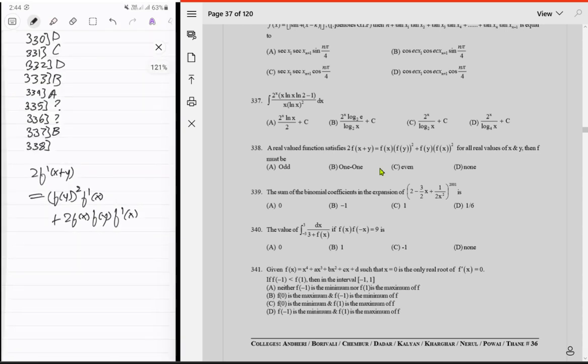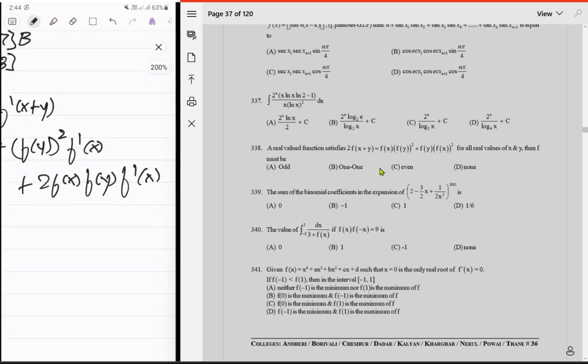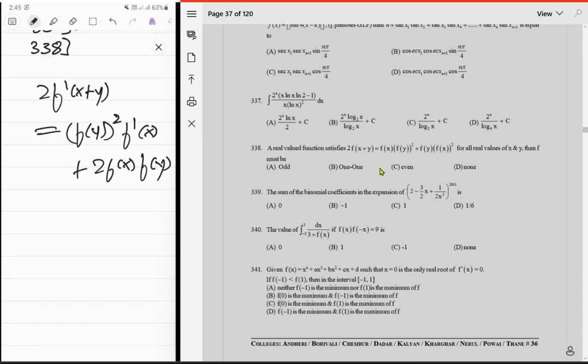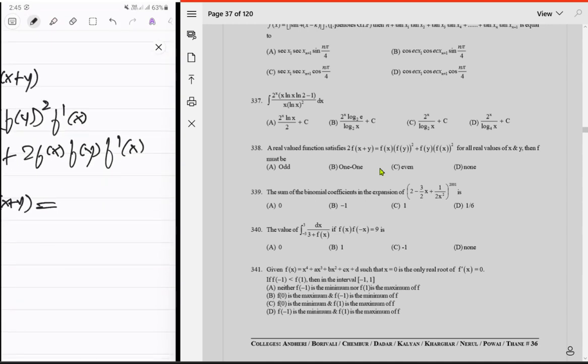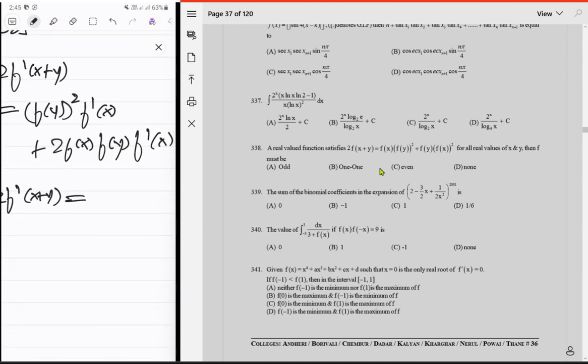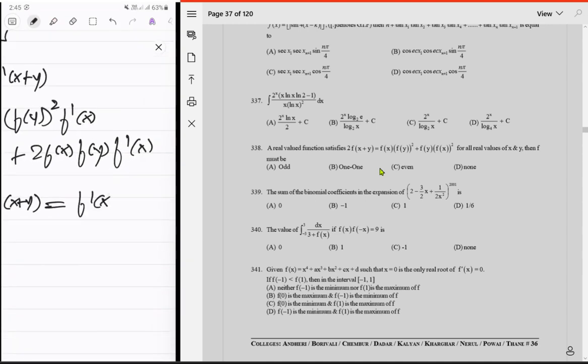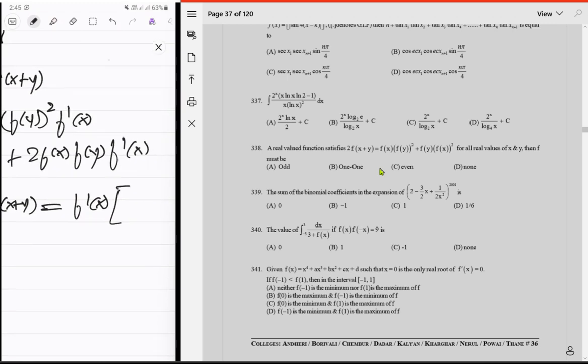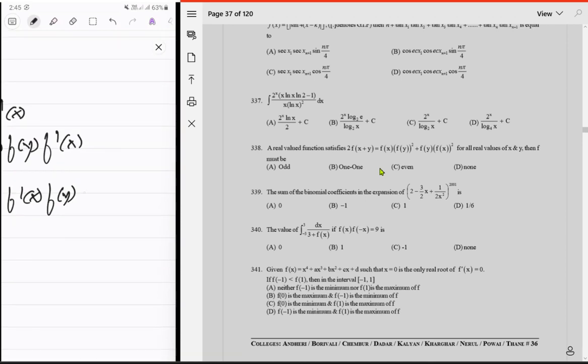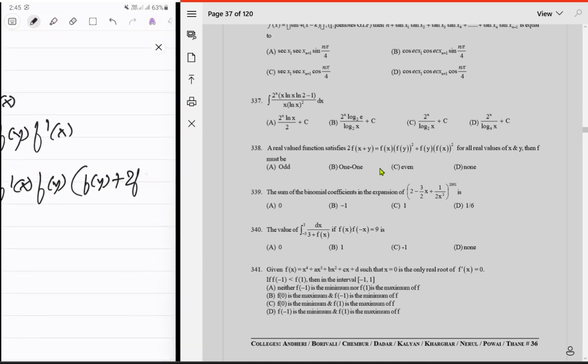Oh yeah. So this is true for all values of x and y. So क्या ये 2f dash of x plus y is equal to let's see, कुछ इसमें अपन कर सकते हैं क्या? f dash of x कॉमन ले लो, और f of y भी कॉमन ले लिया, and then just get this thing f of y plus 2 times of f of x, right?